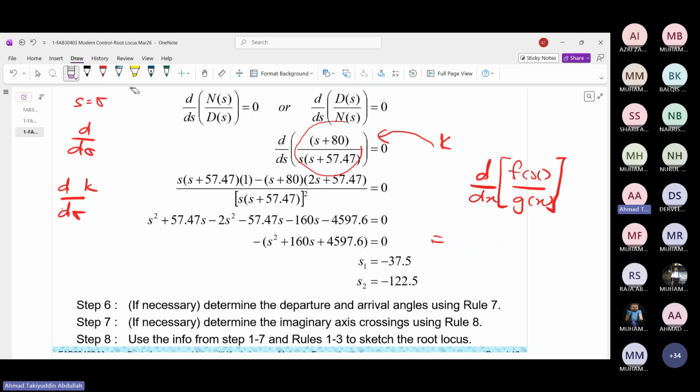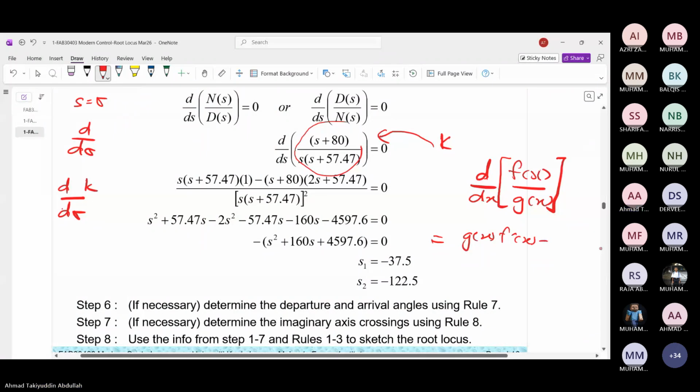If I'm going to have d over dx of f(x) over g(x), how am I going to consider this? This is your differentiation, guys. I'm going to have it as g(x) times f prime x minus f(x) times g prime x, over g squared x.